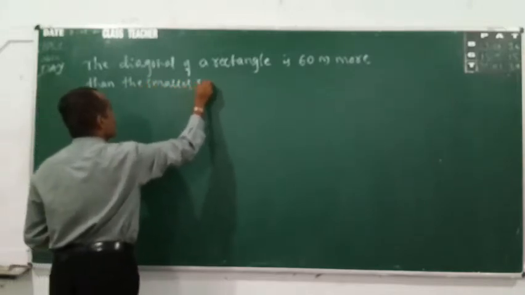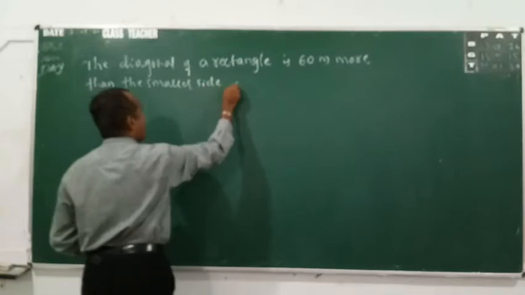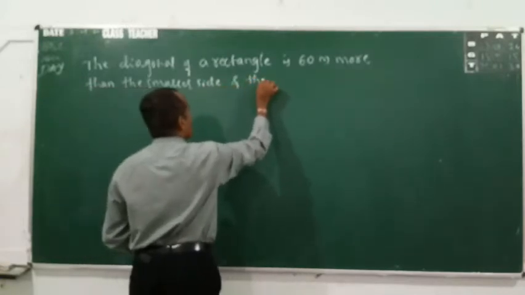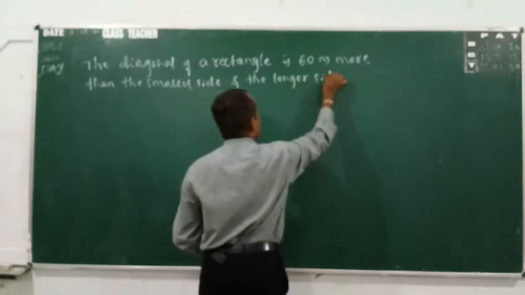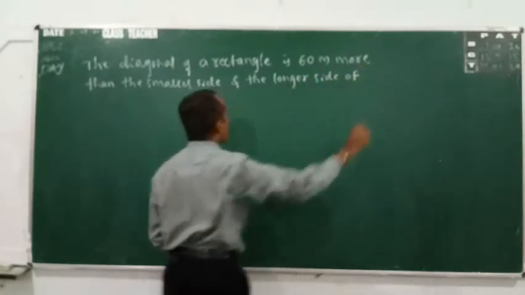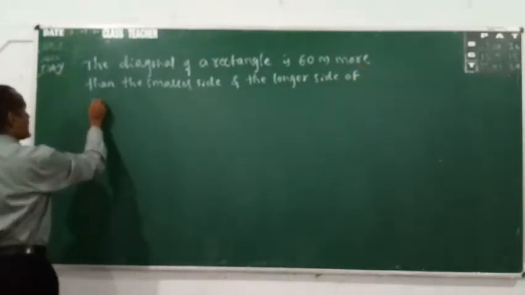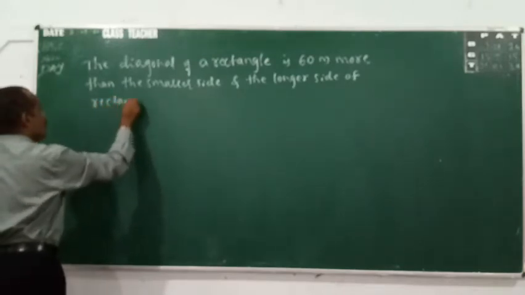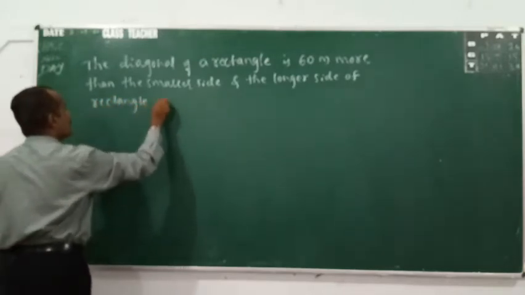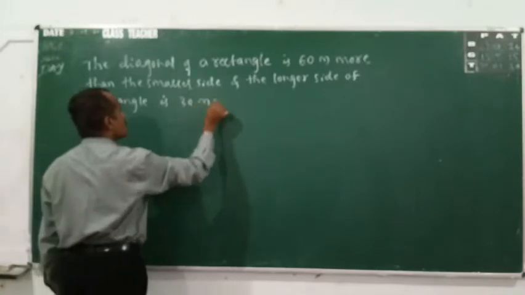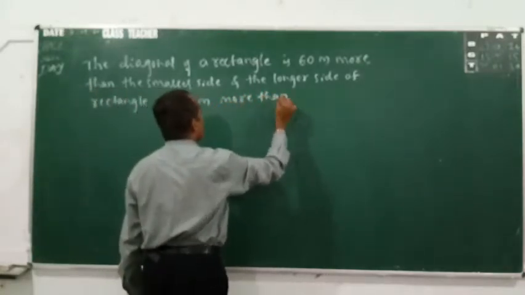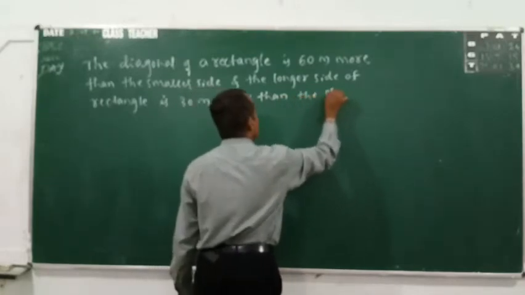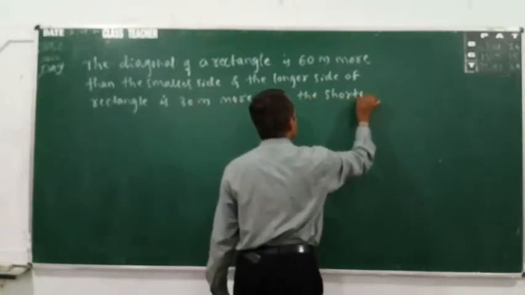And the longer side of the rectangle is 30 meter more than the shorter side.